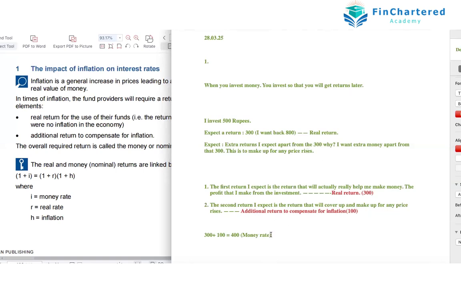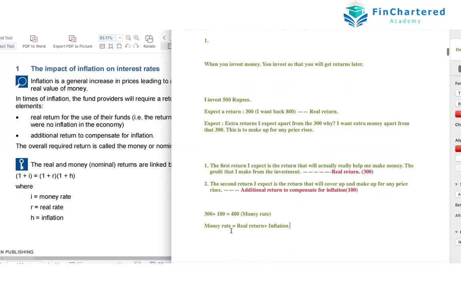This money rate includes both the real return that I want and, as Ketu rightly pointed out, the inflation cover up return. Money rate includes both the real return that I want plus the return that I want to cover up inflation. The money rate is the total. Here in this example, the money rate is 400.